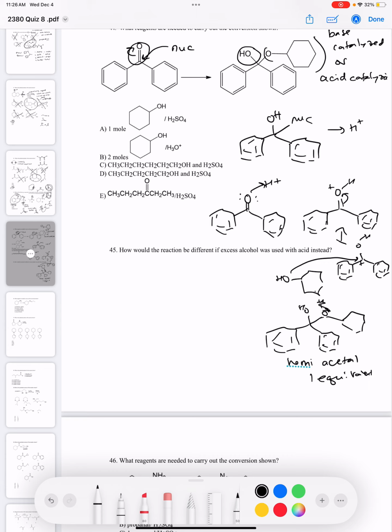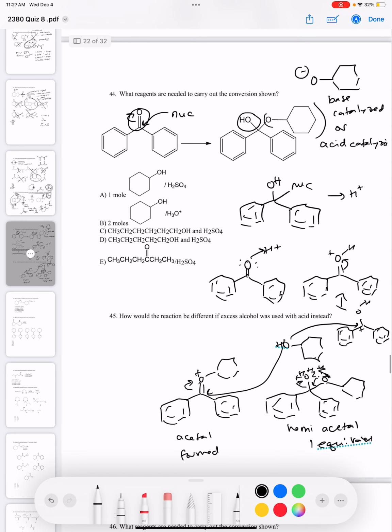Because if you remember, this OH2 plus can get protonated. This can come back, kick this out, and then you would get this weird ketonium type intermediate, and that's not benzene. And then your nucleophile attacks again and kicks back up, and that's how you get the acetal.